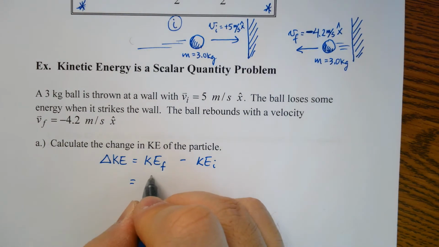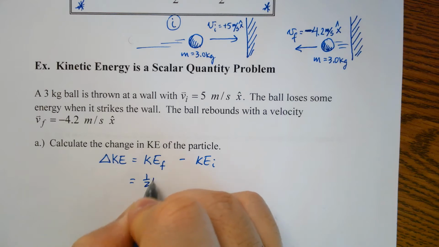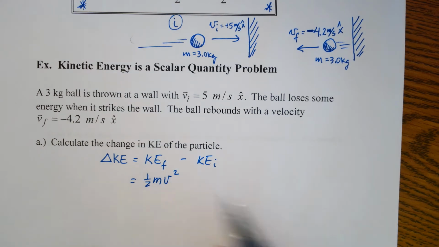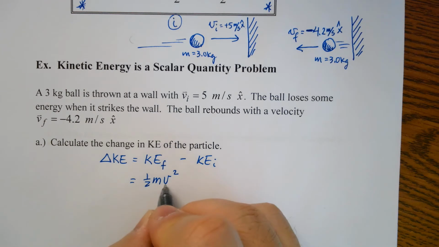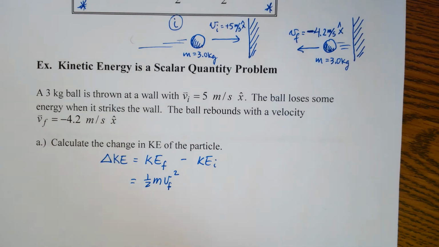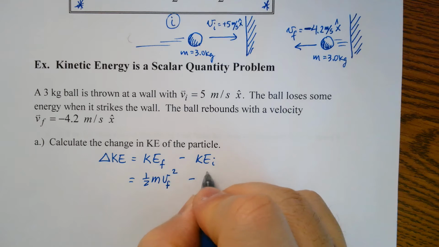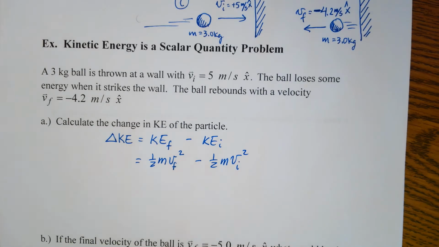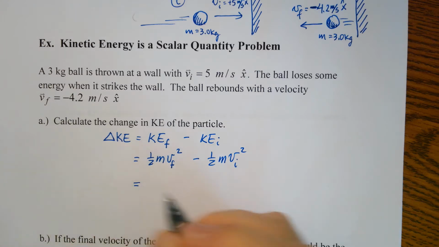We know kinetic energy is 1/2 mv squared. But since we're looking for the final kinetic energy, we use 1/2 mv final squared minus 1/2 mv initial squared. That's my change in kinetic energy.